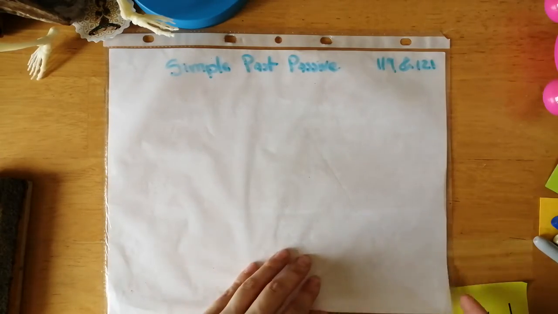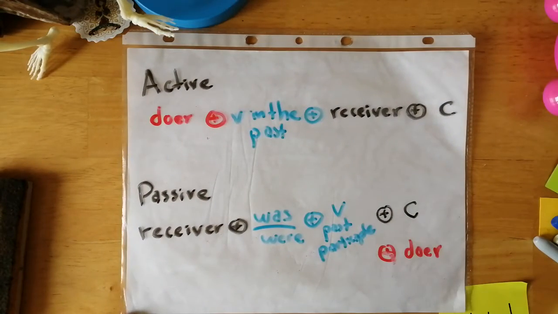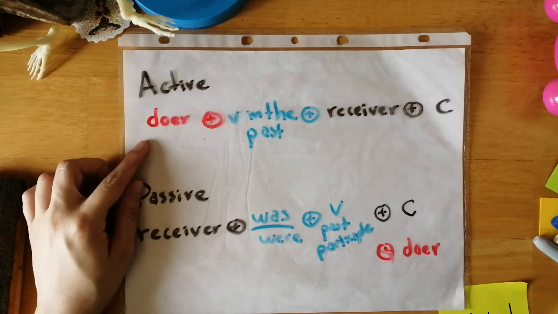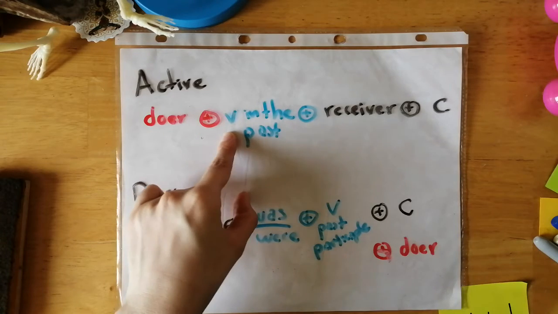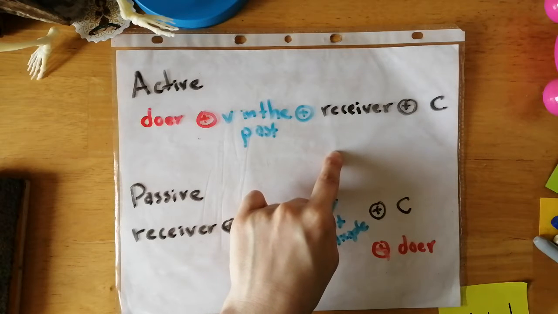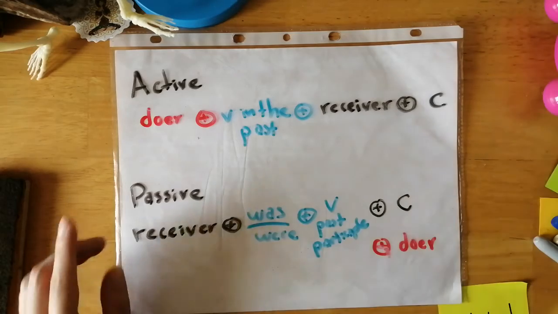Alright, so to start we're going to define what are active and passive sentences. An active sentence starts with the doer of the action, the one that is doing the action, plus the verb in the simple past, plus a receiver or an object, the one that receives the action, and a complement.